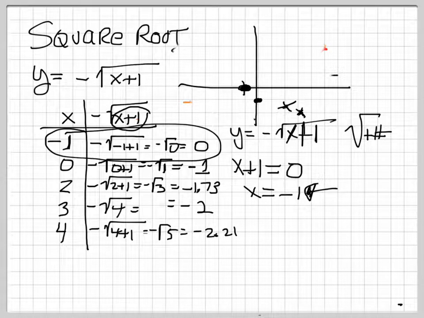Having a heck of a time getting those points graphed tonight. But the general curve then, just a second, the general curve is going to go like this, and that's what my shape is going to look like.